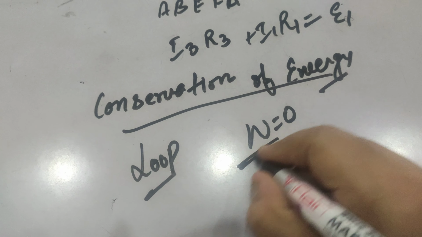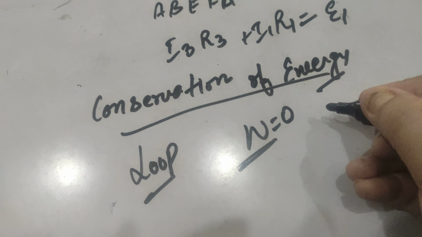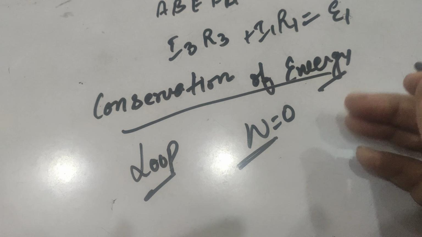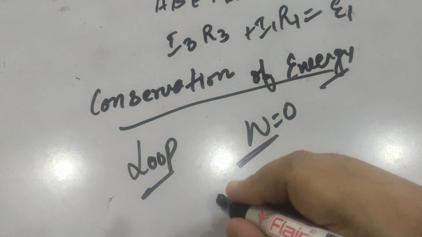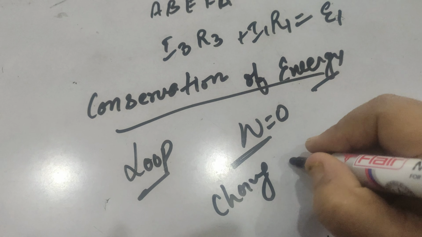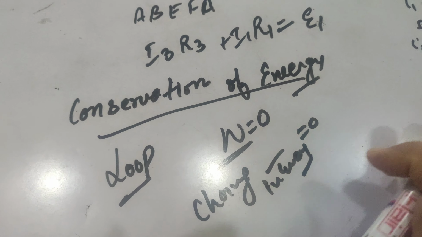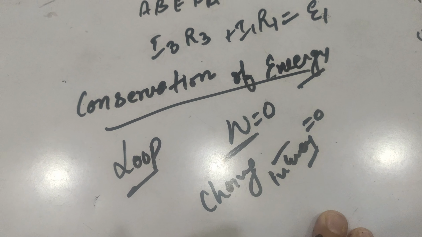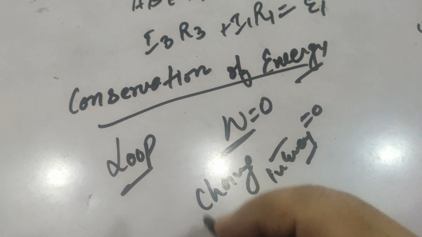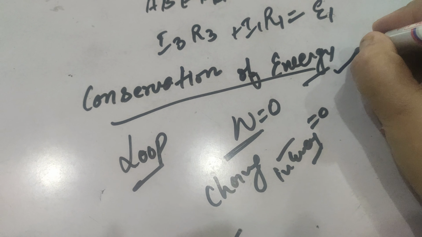Since work done is zero, it means the change in energy when the charge is flowing across the loop is zero. Since there is no change in energy, there is no gain or loss of energy, and hence energy remains conserved. Hence proved.